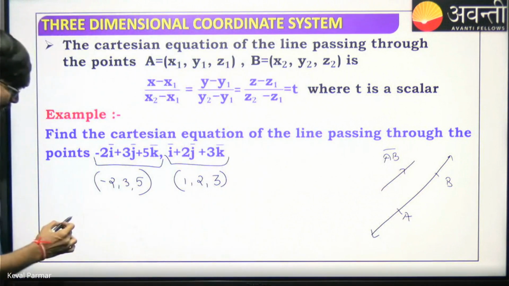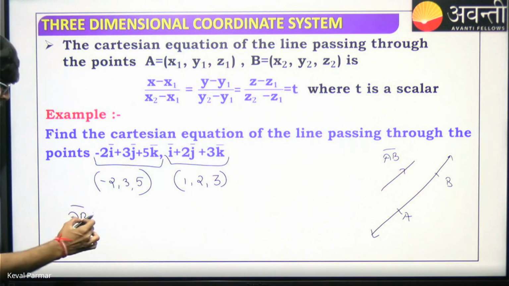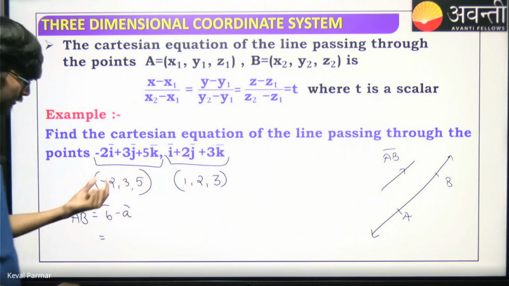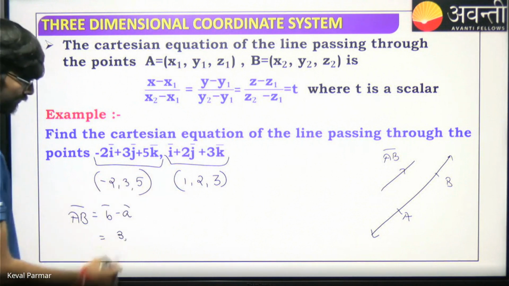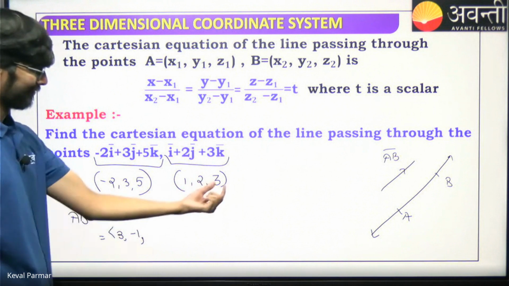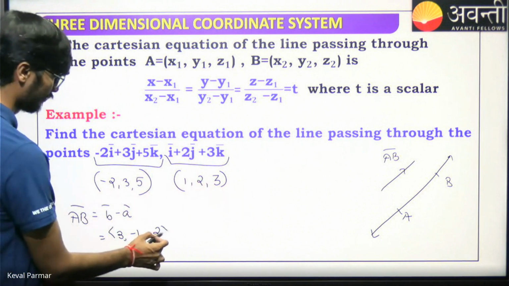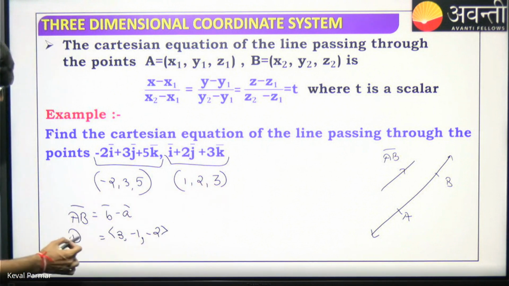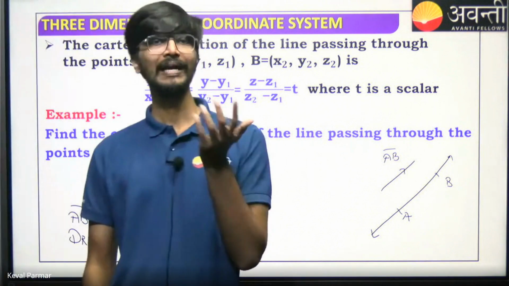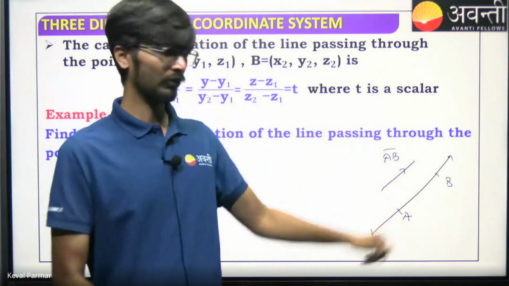So what will be the AB vector, guys? Just subtract. AB vector is B vector minus A vector. So 1 minus of minus 2, 3. Then 2 minus 3, minus 1. 3 minus 5, minus 2. So these are basically the DRs, and for the point we can use any, because both the points are on the line.